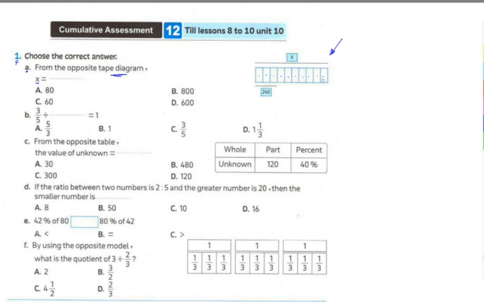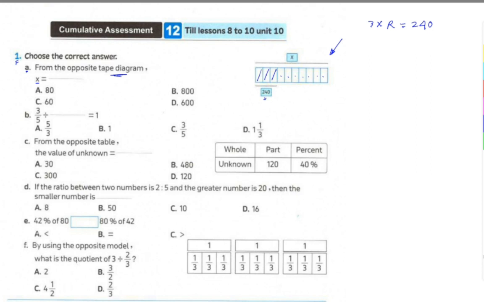This is 10 rectangles. Here we have 3 rectangles, 1, 2, 3, equals 240. So 3 rectangles, all of them, equal 240.